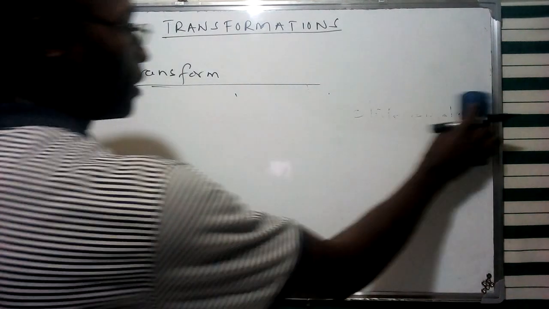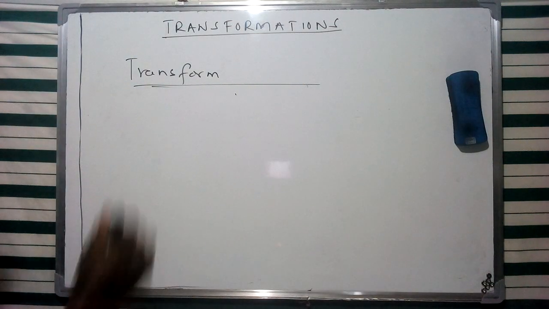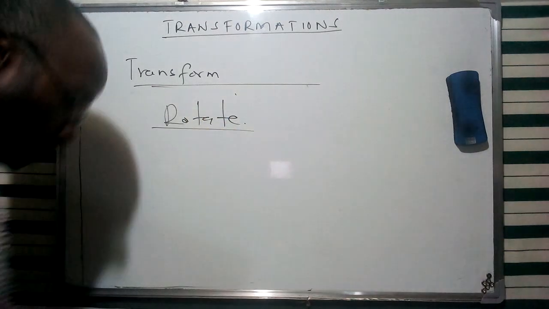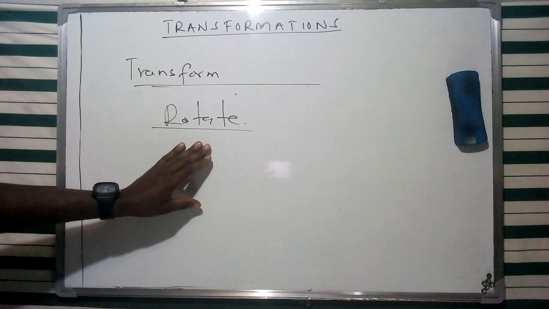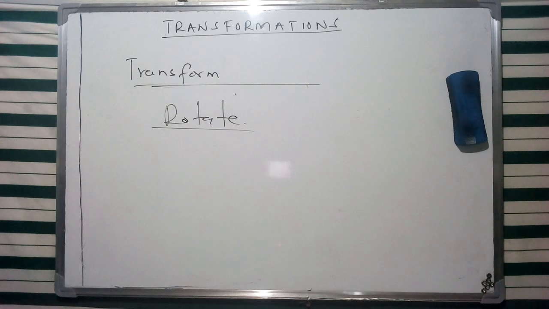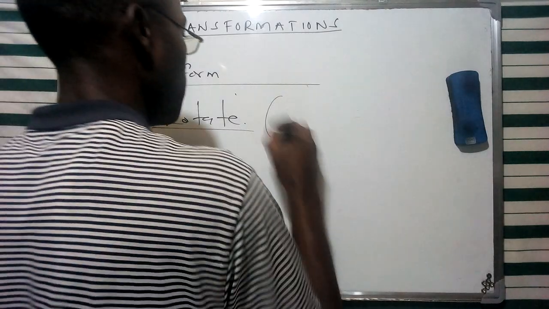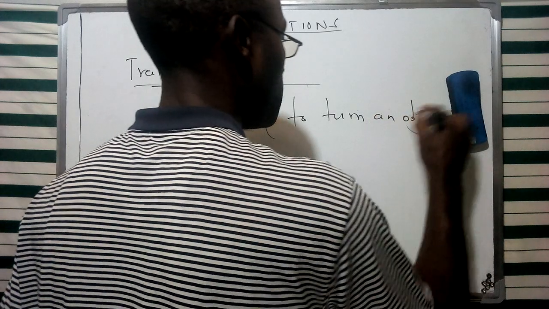Next we're going to look at the third type of transformation, and that basically means rotate. From the circular or angular perspective that we have been discussing from various aspects, this implies the concept of angles, and refers to turning an object.